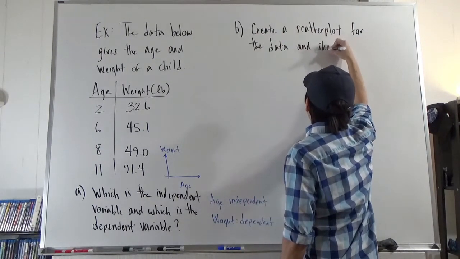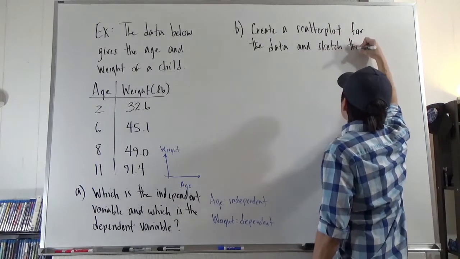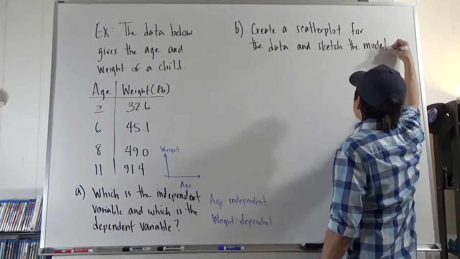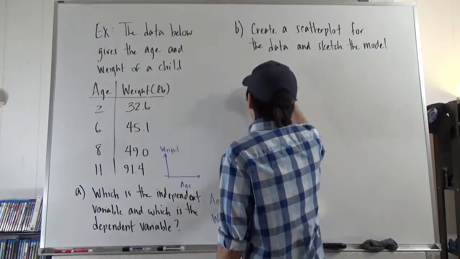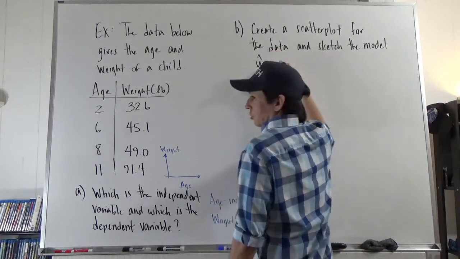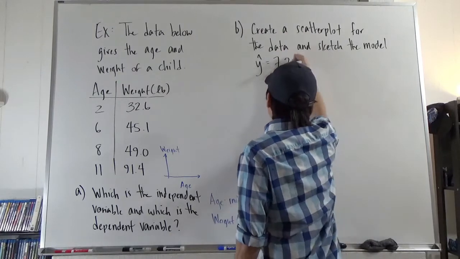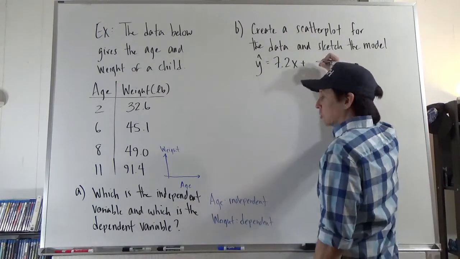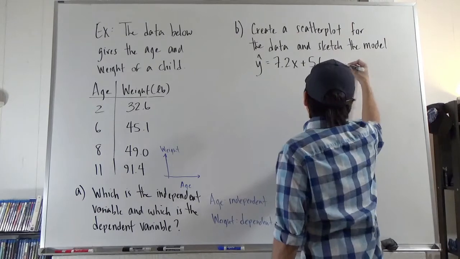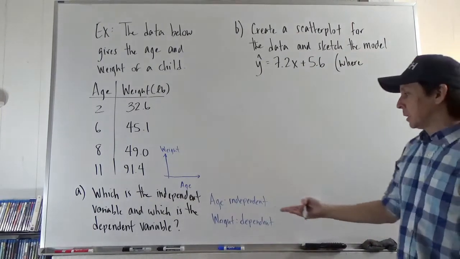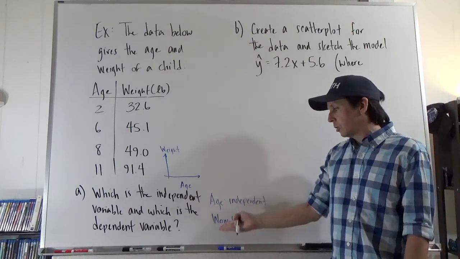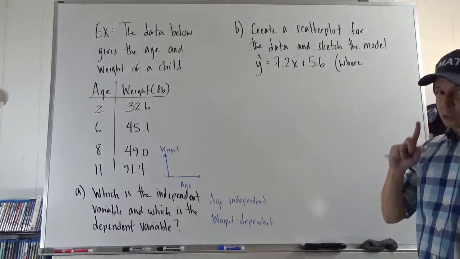And sketch the model y hat is equal to 7.2x plus 5.6. For the context it might have been easy for us to use A for age and W for weight, but I do want to just go back to y and x temporarily.